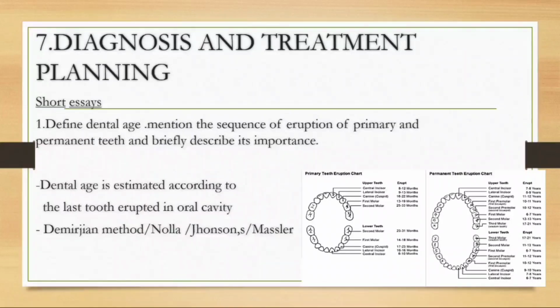All these methods are there for age estimation, and we know how primary and permanent teeth differ in size, color, number, shape, the number of grooves, the depth of grooves, and the sharp pointed cusps in permanent teeth, which are not there in primary teeth.